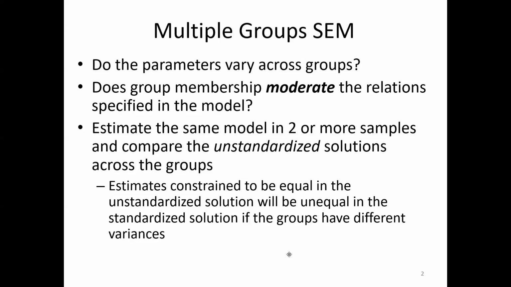Now, you can also have latent variable variances. There are sort of two places where there could be variability that differs across the two groups. One is in terms of measurement error variances, which is the piece of variability that's left over after controlling for the factor. The other place that we might find differences is the latent variable variance.